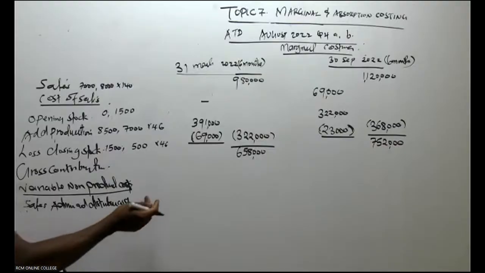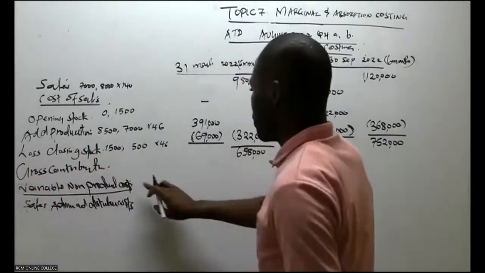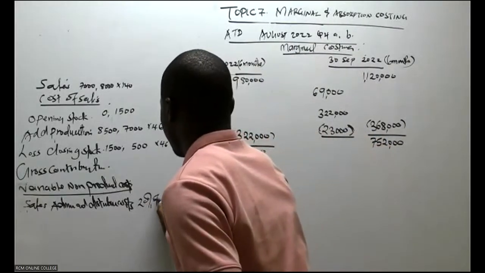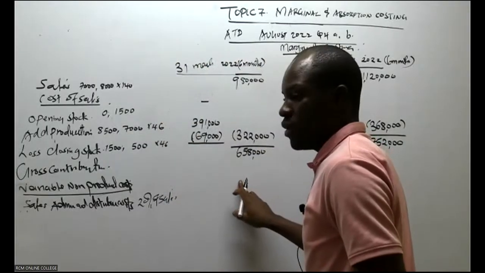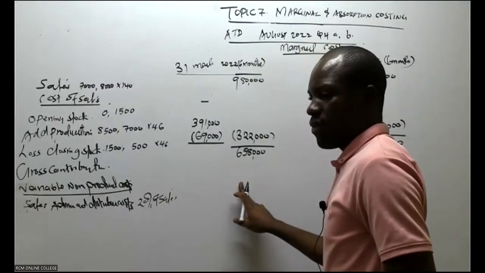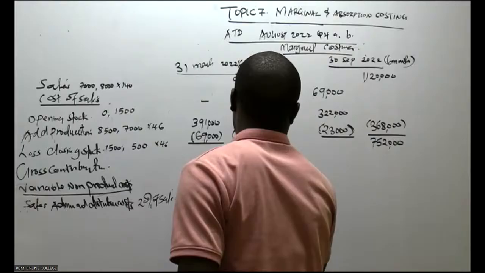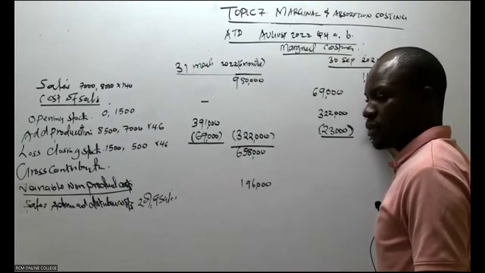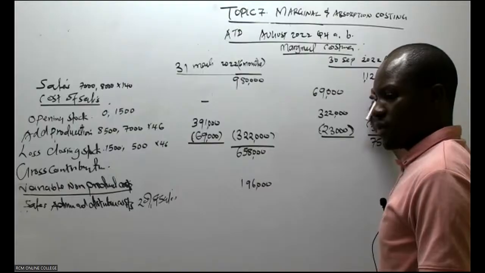So can you give me the 20% of sales here? 20% of 980 is 196,000. Remember, it is an expense. We are going to less it, of course. How about this one here? 20% of the sales, up to 24,000.